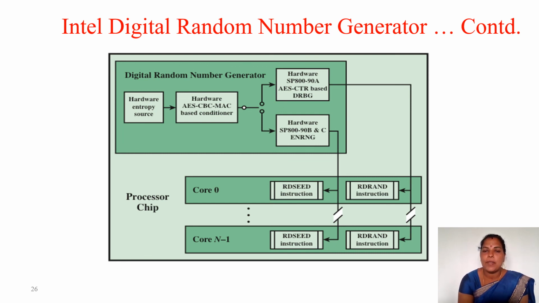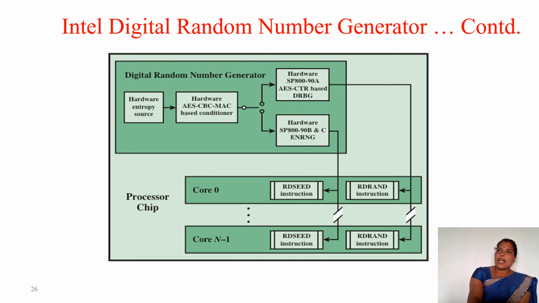Then it is passed on to the hardware AES counter based digital random bit generator, and then to the CSRNG. We pass it to the RDSEED instruction in each and every core, because multiple cores are available. And the AES CTR based DRBG is passed to the RDRAND instruction.